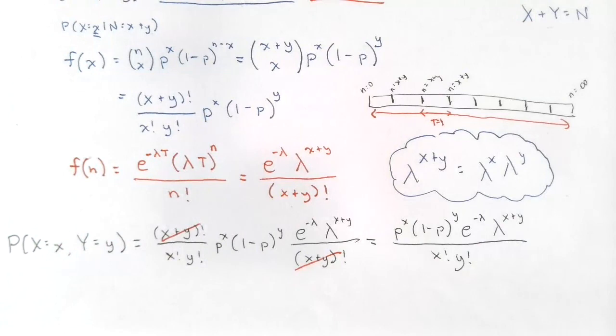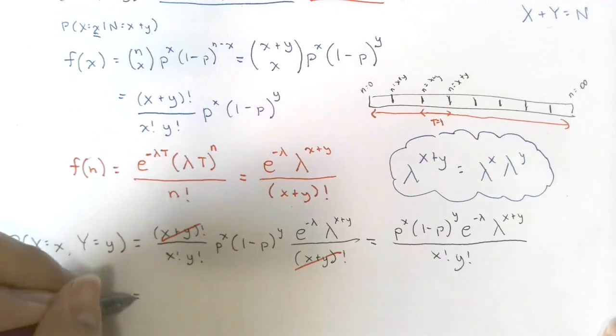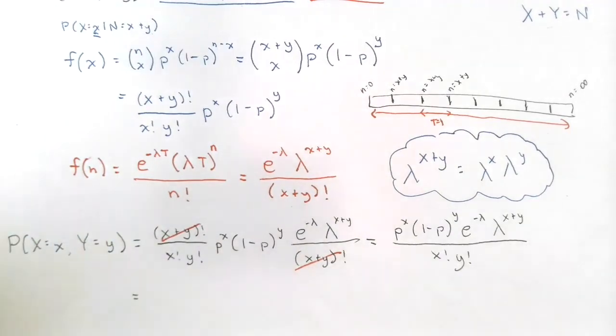So if I write that down, I'm going to end up with the same expression, lambda to the power of x, lambda to the power of y. What I would like to do now is put all of my x's on one side, all of my y's on the other side, or at least within the same term. All of my x's first, and then all of my y's later.